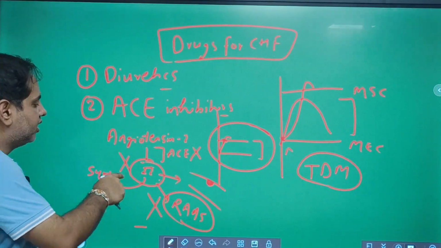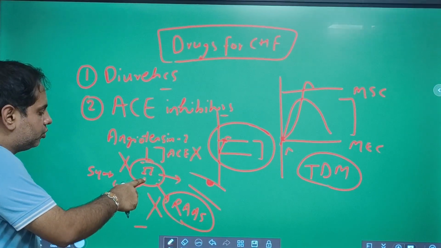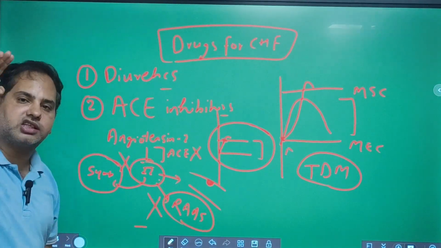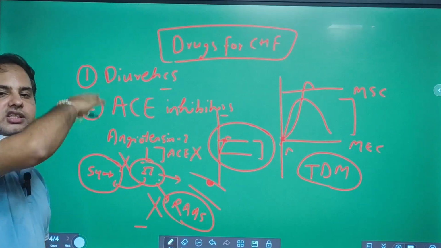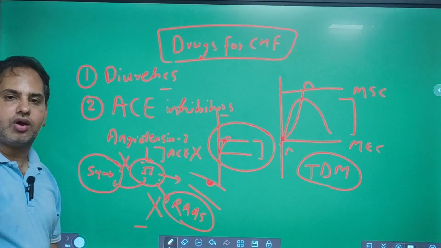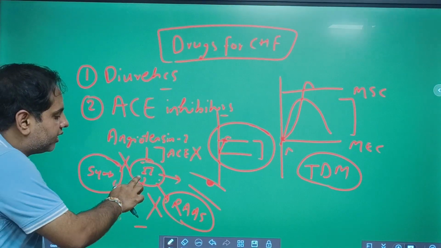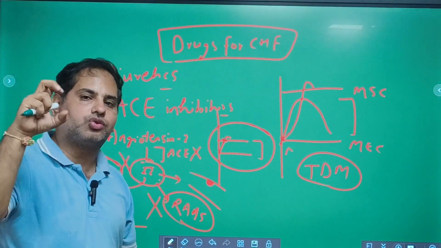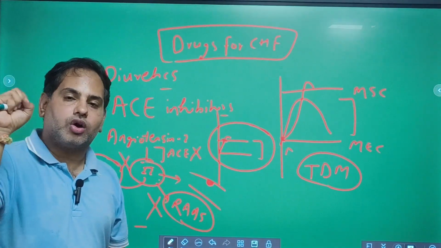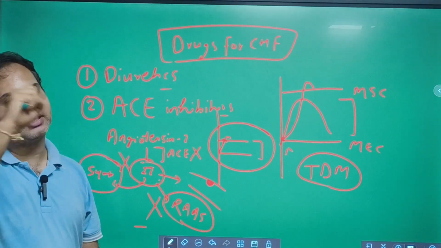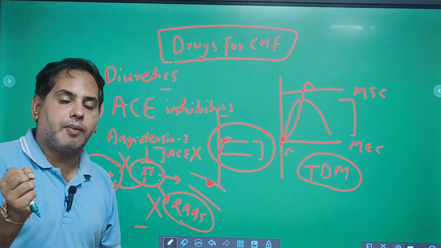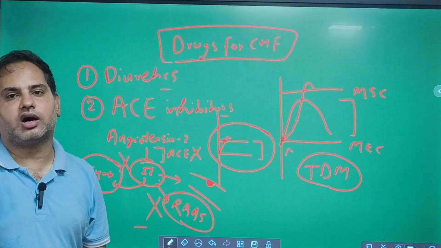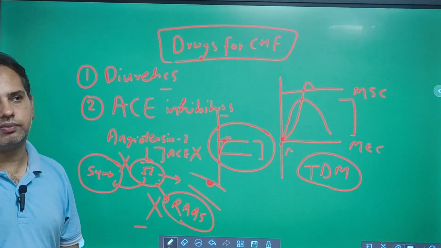One mechanism is that angiotensin 2 is not formed, and angiotensin 2 is a stimulator of the sympathetic system. So if the sympathetic system is not stimulated, then the vicious cycle will not happen. Angiotensin 2 has receptors on the blood vessels, and when it acts on them, it is going to constrict the blood vessels. Constriction of blood vessels in the CHF patients will increase preload and afterload. If veins are constricted, it will increase your preload.